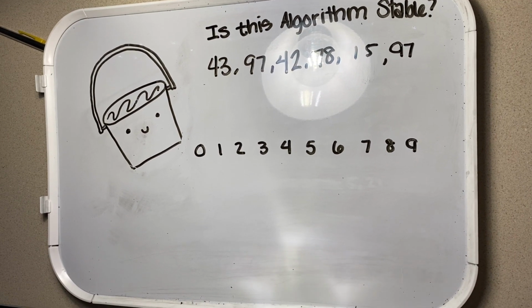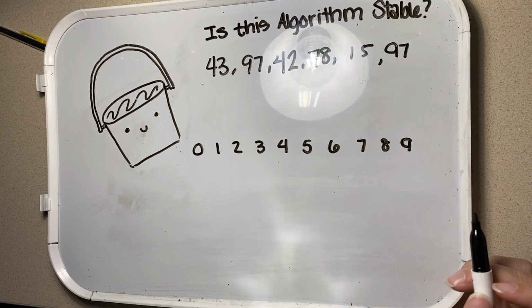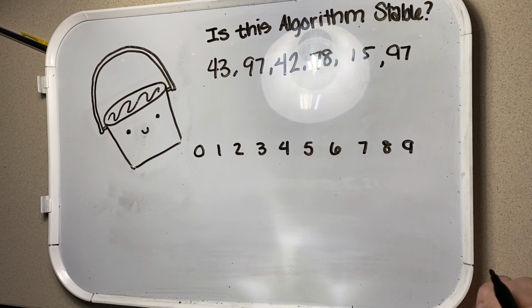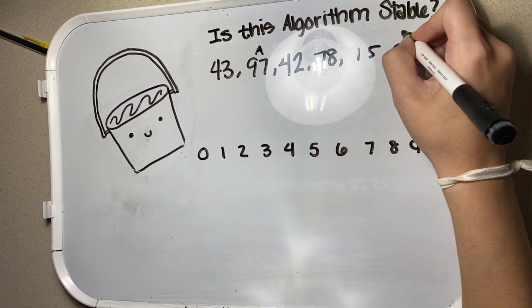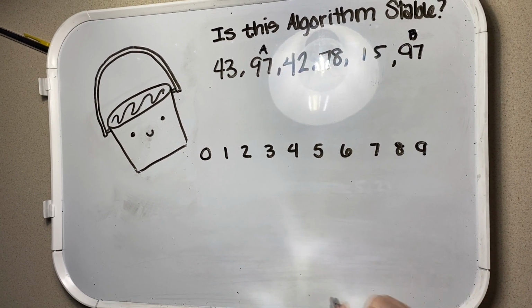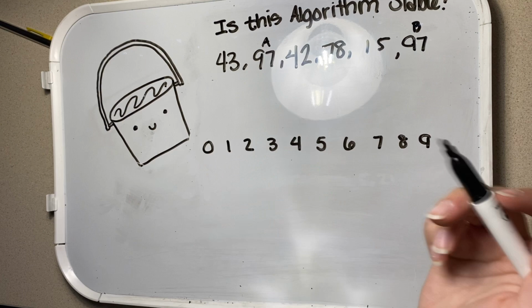Now discussing if this algorithm is stable. Let's say we're given an array 43, 97, 42, 78, 15, and we have 97 again. So let's label this first 97A and the second 97B. Ideally, if the algorithm is stable, it'll end up with A and B in that order. So let's run it through and see if it happens.